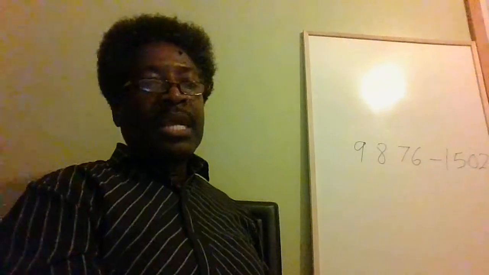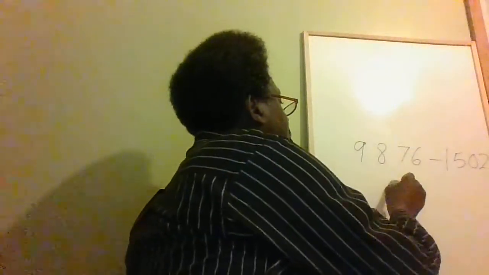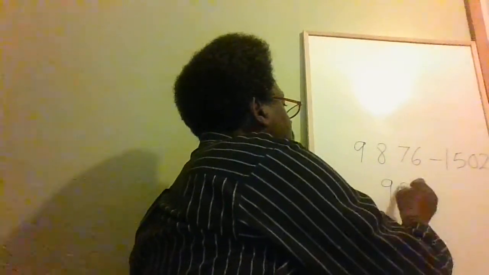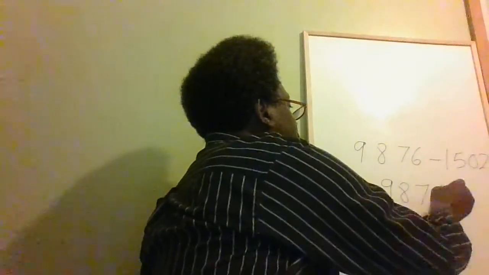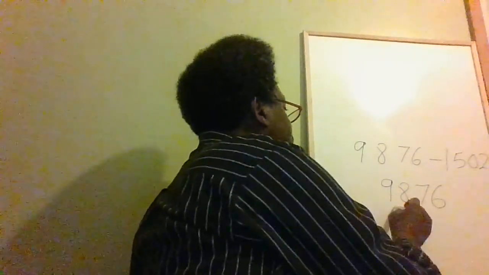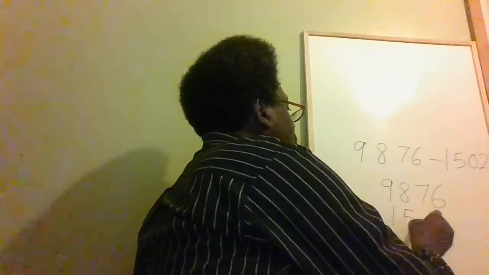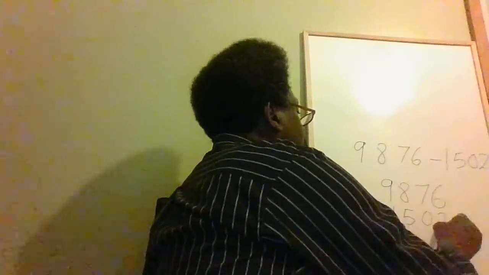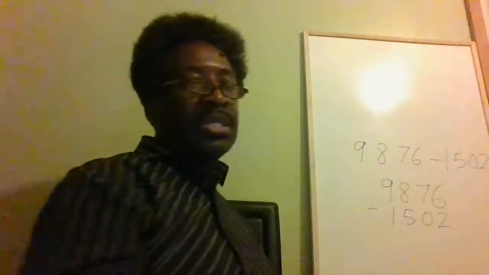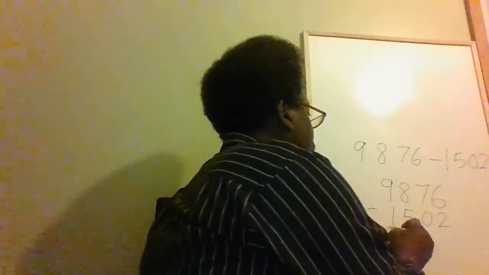You put the 9,876 on top, the first number, and it will be the bigger number since we're not dealing with negatives. And then you put 1,502 below, and then you put your takeaway sign, and then you draw a line under there.